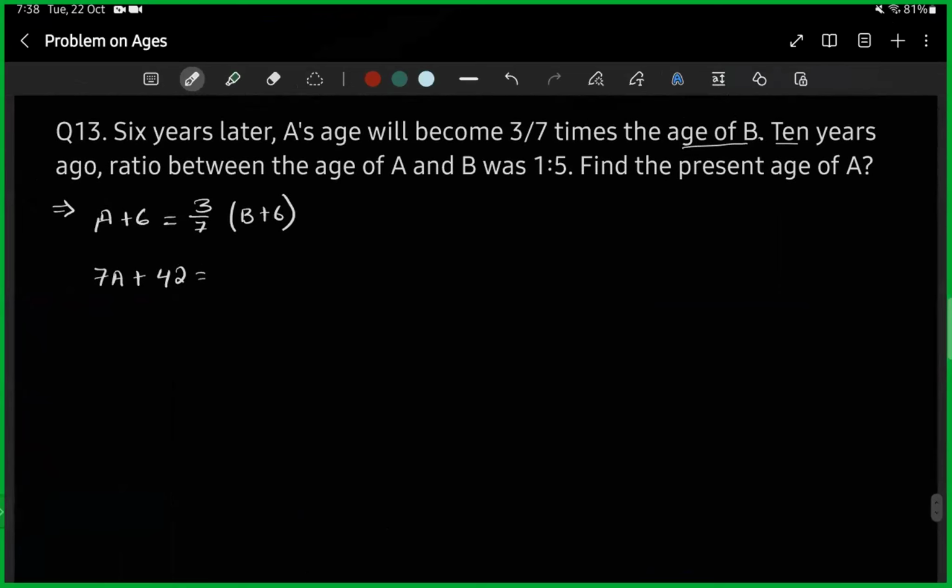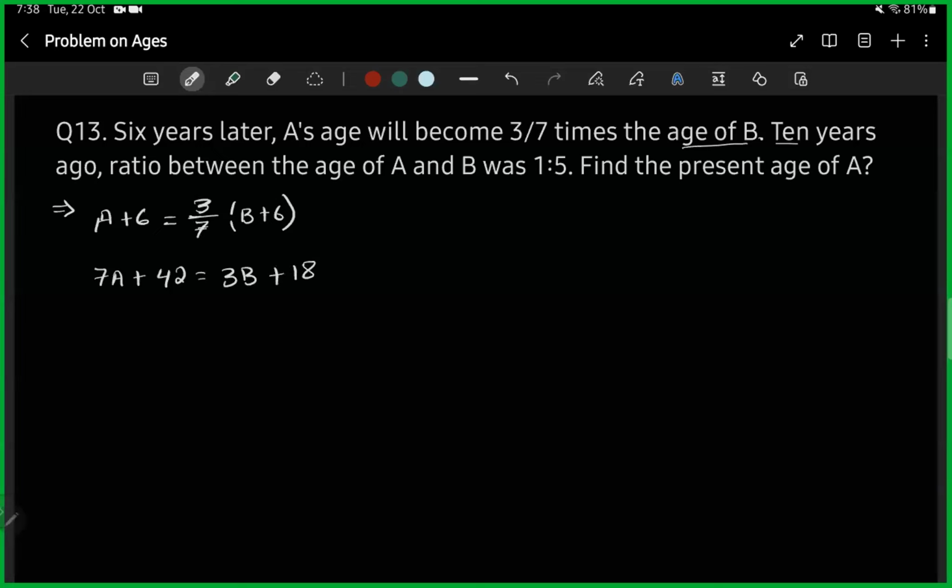Okay, so 7A plus 42 equals, on the right hand side, 3 times this B, which gives you 3B, and 3 times 6 is 18.